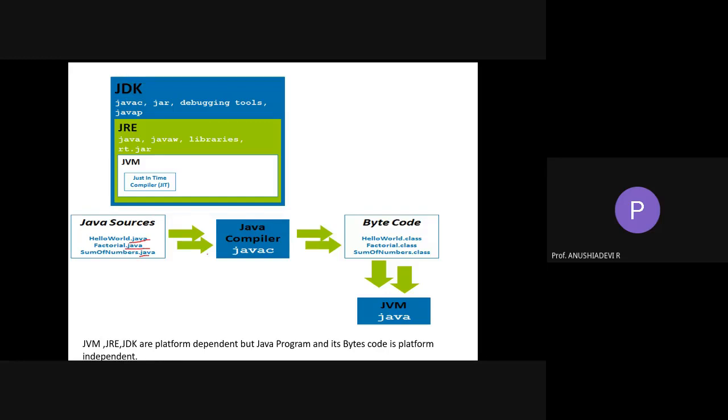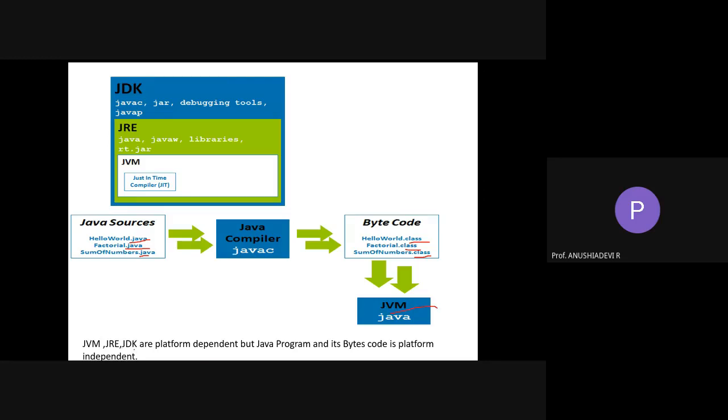After compiling by using the Java compiler, we will get the corresponding class file. This class file only has the bytecode of that source code. Then this class file is executed by the JVM.